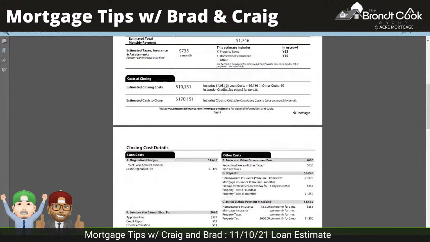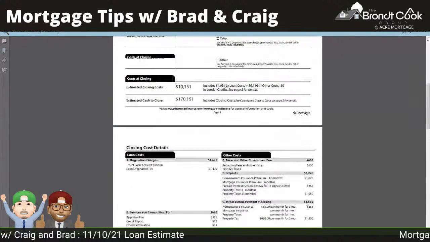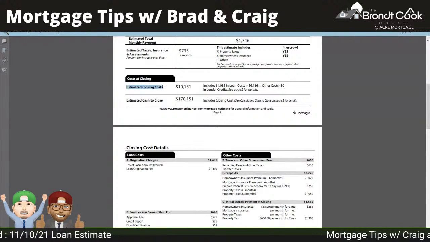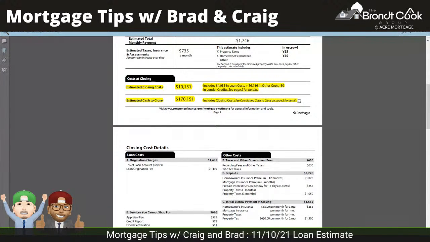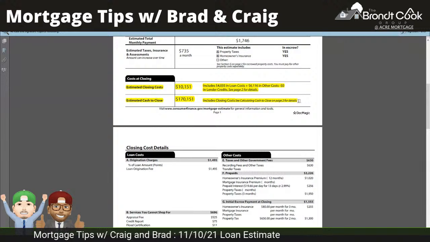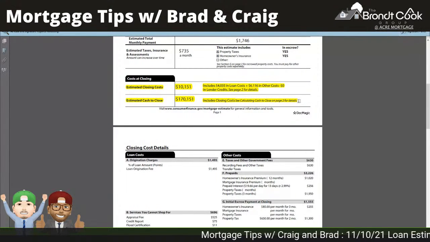So let's kind of go to closing costs. Go to that bottom section, Brad, on that first page still, because it's a simple thing. So this is cost at closing, right? It's saying estimated closing costs are 10,151. So that number is specifically described on the next page of what all your settlement fees are, right?